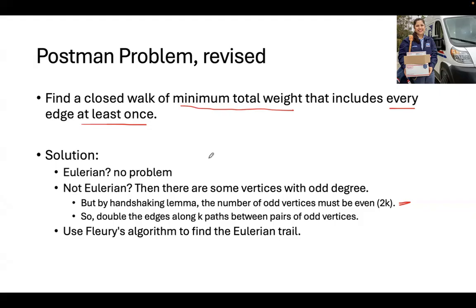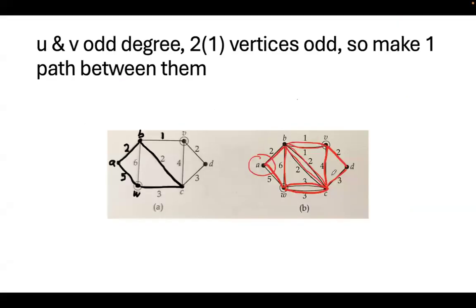So I think it depends on how we phrase it. The book says find a closed walk of minimum total weight that includes every edge at least once. And so if we interpret these as streets, then we need to visit every house on the street and not just visit every intersection.